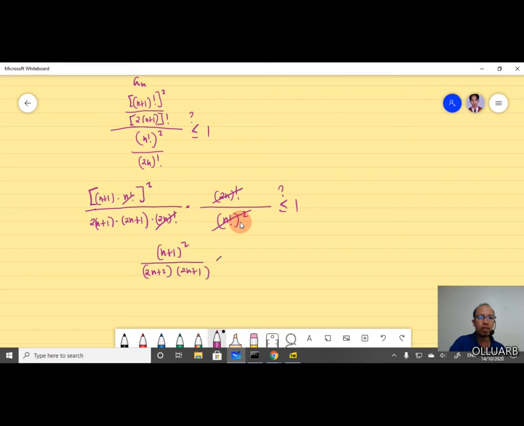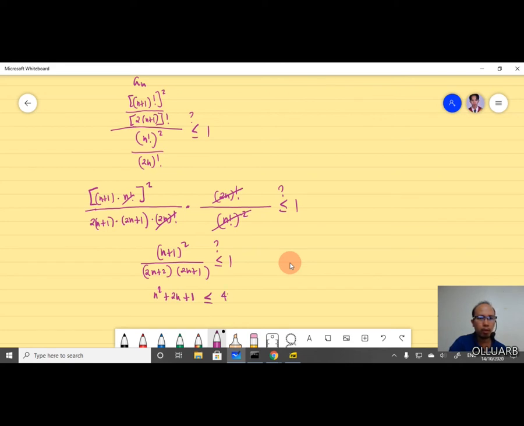So is this clearly less than 1? I guess it is not. So therefore, let's expand the numerator, n squared plus 2n plus 1, which is less than, cross multiply.